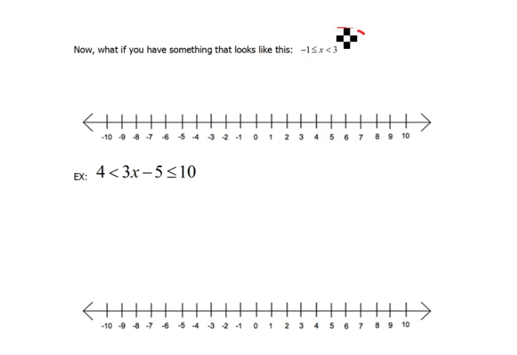Or another way that I like to look at it is x is in the middle of these two numbers. If you look at it like that, it actually makes a whole lot more sense. x is between, or in the middle of, the negative 1 and the 3. So we're talking about all of those numbers in between negative 1 and 3.